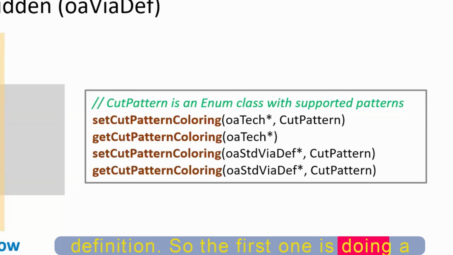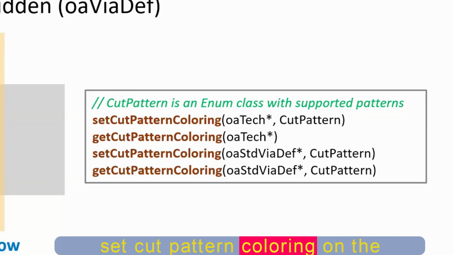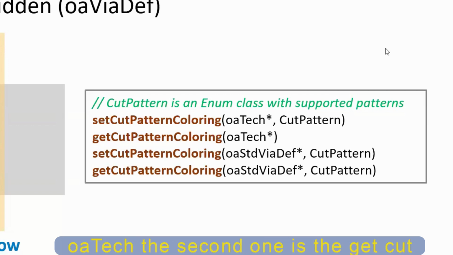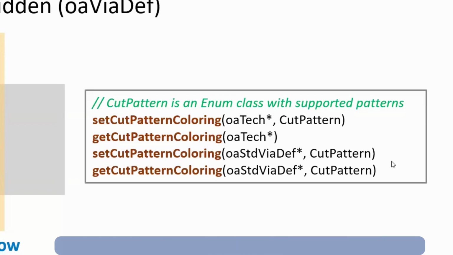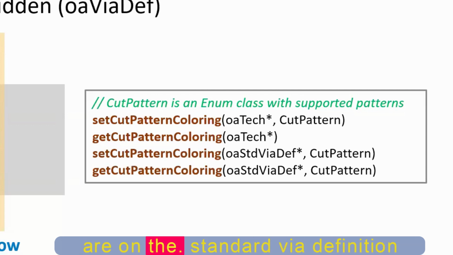The first one is set cut pattern coloring on the OA tech. The second one is get cut pattern coloring again on the OA tech. And then the next two are on the OA standard via definition.